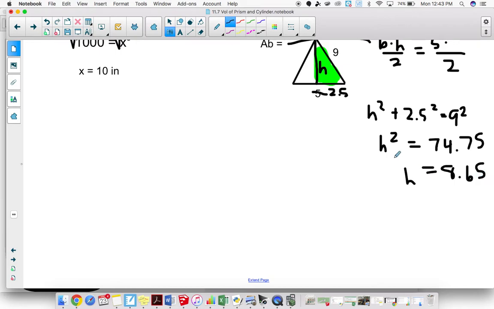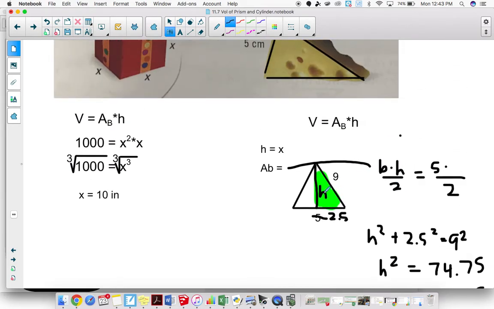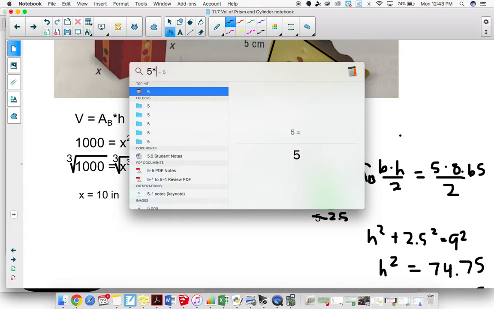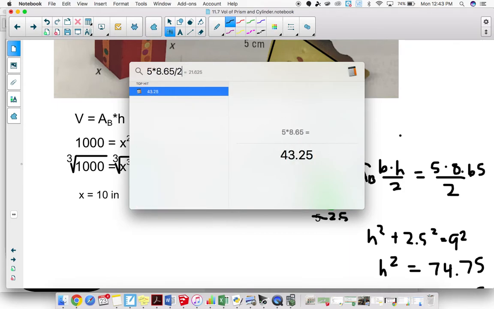Okay, so let's just keep kind of backfilling in here. So that means if this height is 8.65, now I can get the area of the base, because that was the 5 was the base times 8.65 divided by 2. So 5 times 8.65 divided by 2.